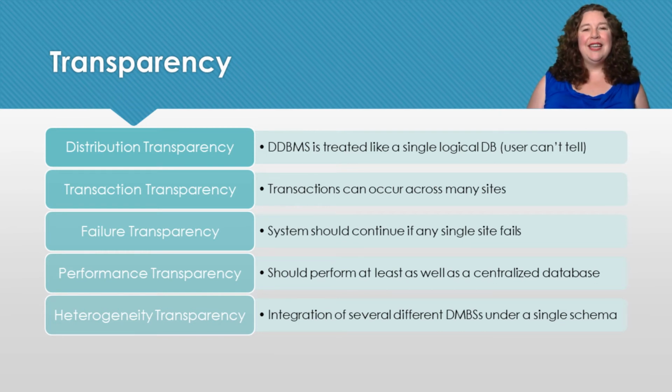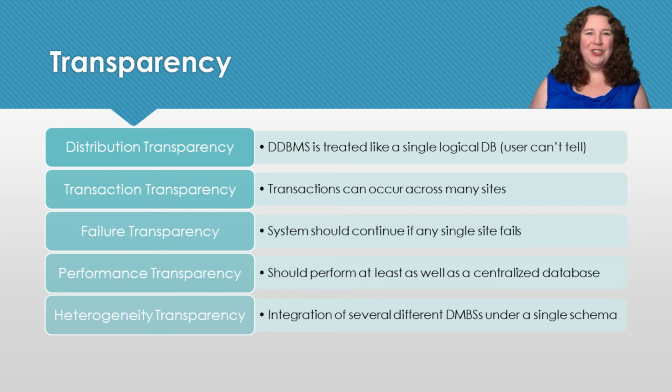Failure transparency goes into the idea of if one of the sites fails, the others pick up the slack automatically and we don't notice. So the system should continue to work perfectly even if a single site fails. We have performance transparency, which is that it should perform at least as well as a centralized database. If it performs slower than the centralized database, why on earth did you change?